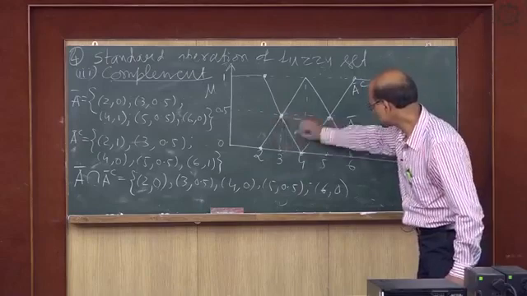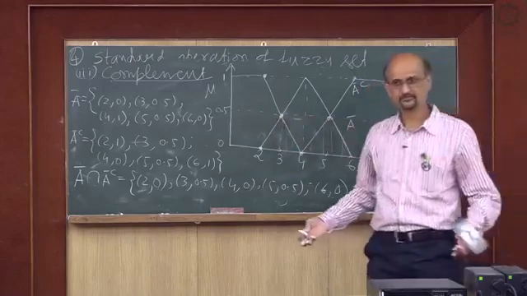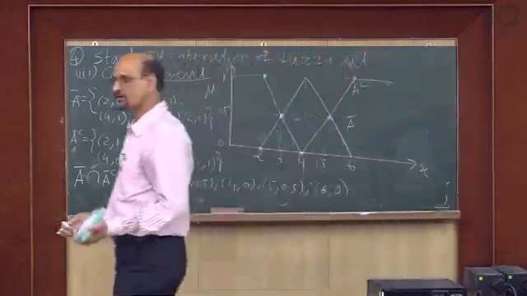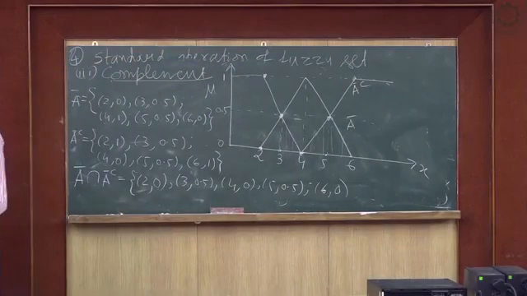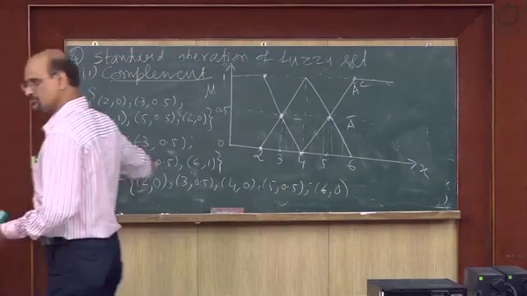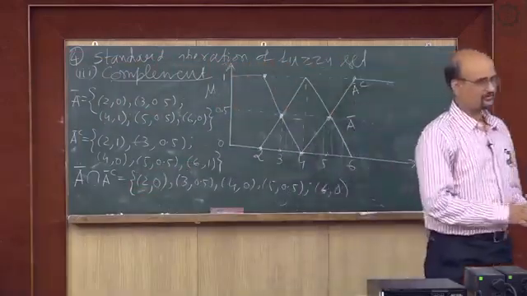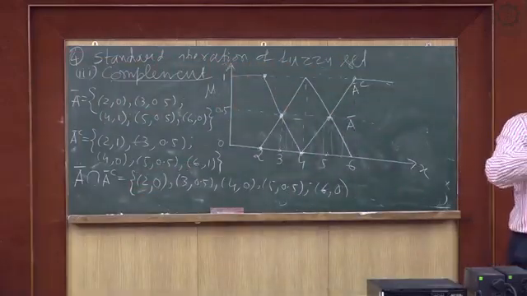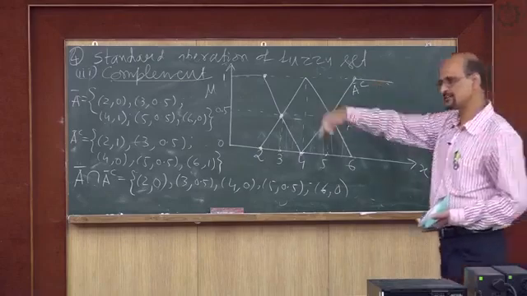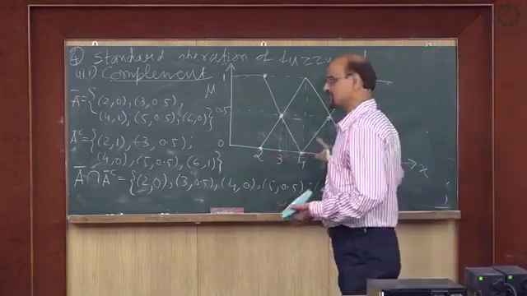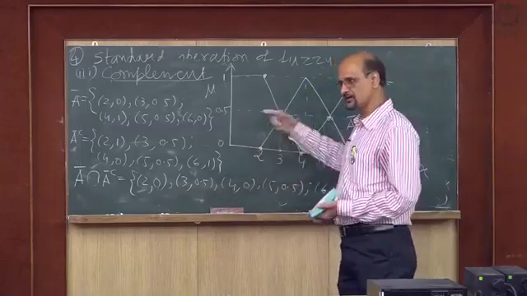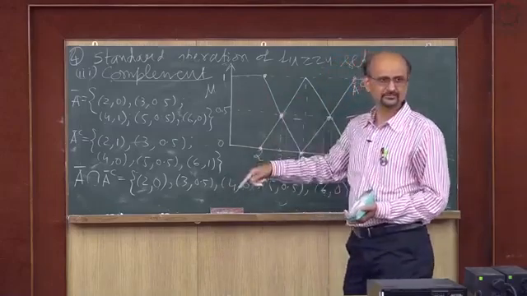That means it is not a null set. Understood? So, if you find the complement of a fuzzy set and take the intersection of the fuzzy set and its complement, it is not a null set. This is the contradiction with respect to classical set theory.